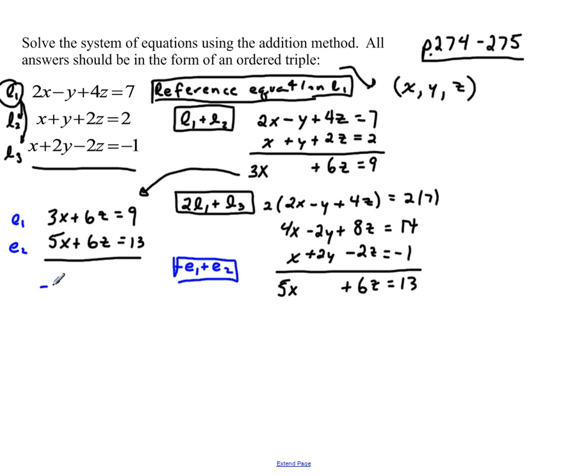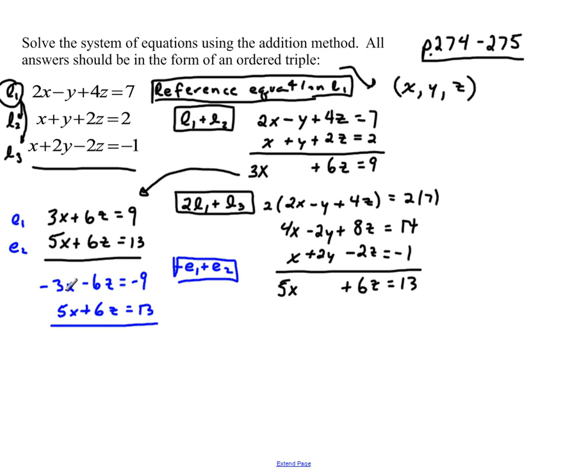That gives us negative 3x, negative 6z equals negative 9. And we're going to add that to 5x plus 6z equals 13.